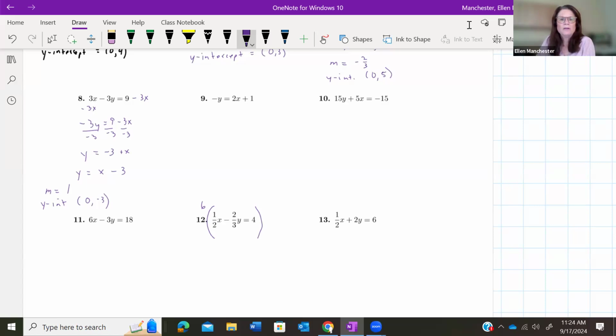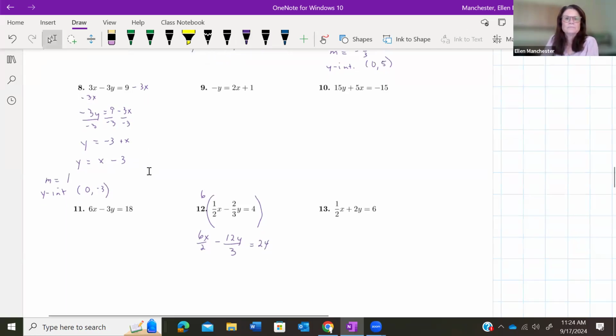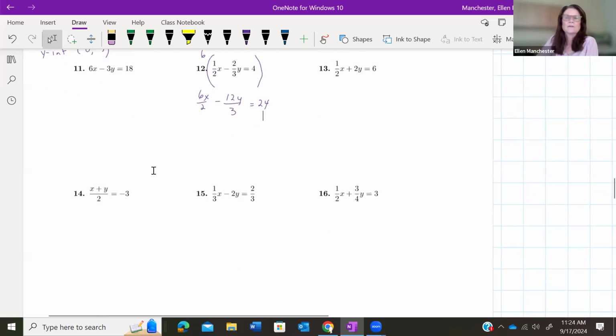So if we're multiplying across the top, I get 6x over 2, 12y over 3 equals 24. And then reduce. So 3x minus 4y equals 24.